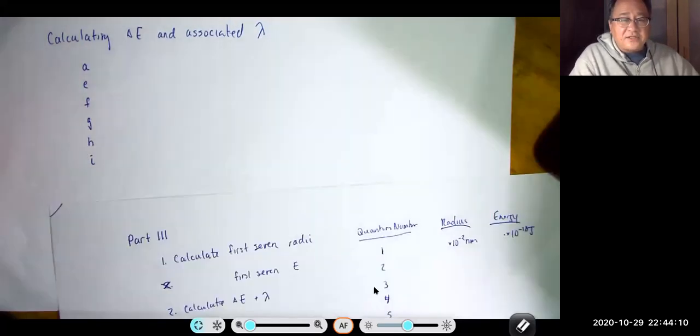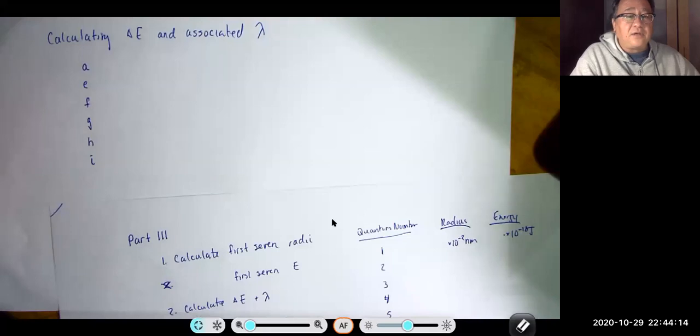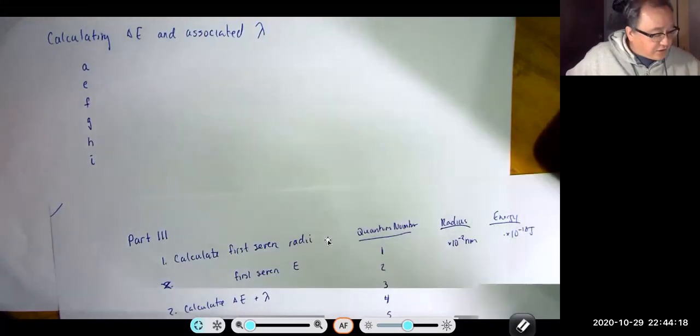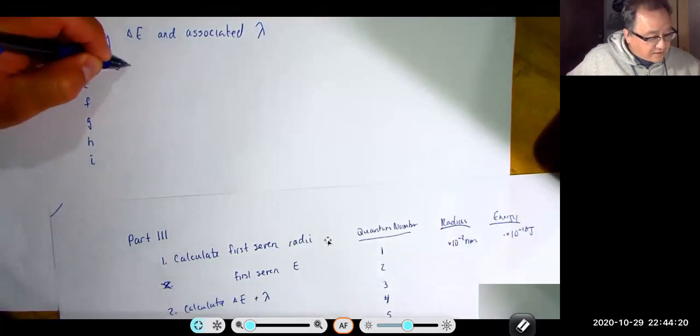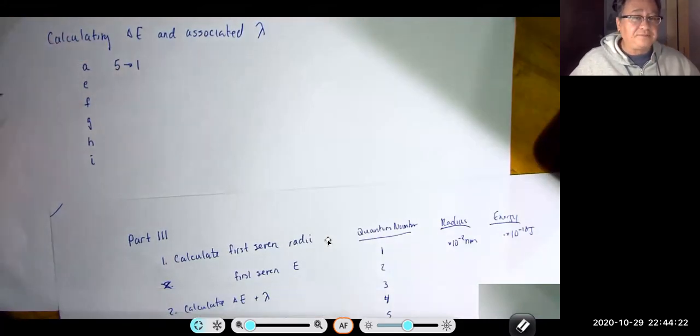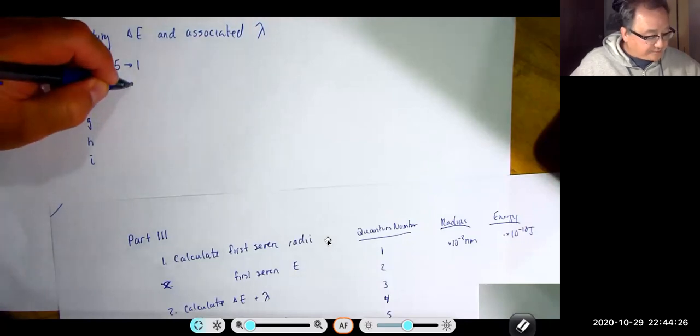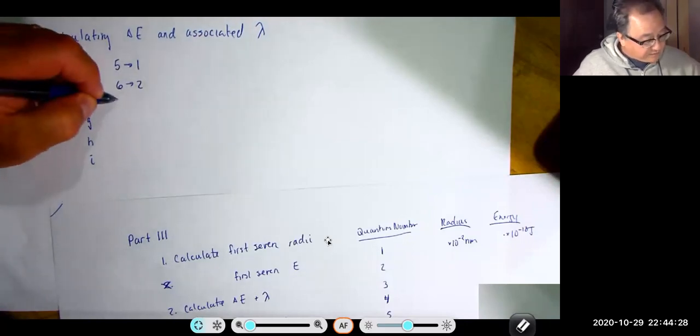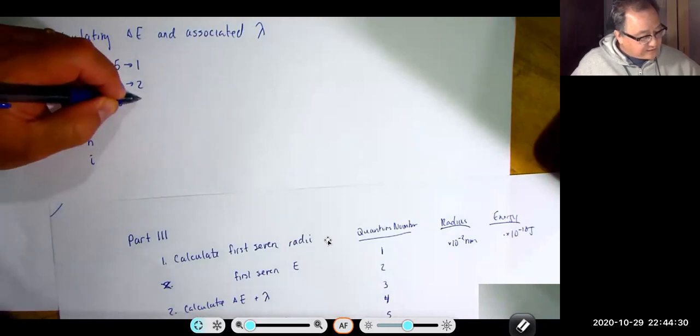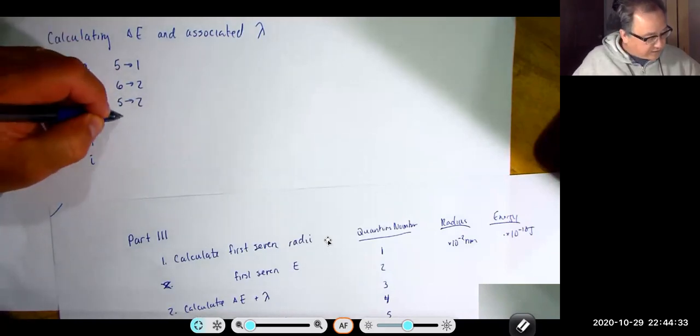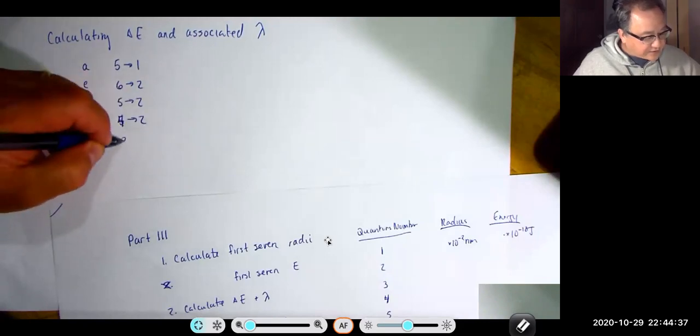And if I go back to that document and see which ones those are, label A is going from the 5th level to the 1st level. E is going from the 6th to the 2nd. F is going from the 5th to the 2nd. G is going from the 4th to the 2nd, and then the 3rd to the 2nd.